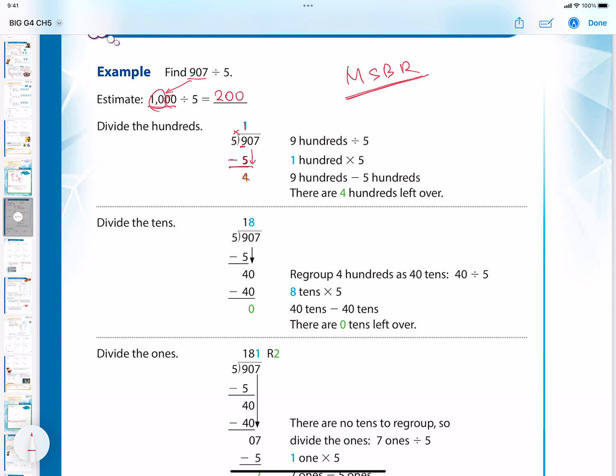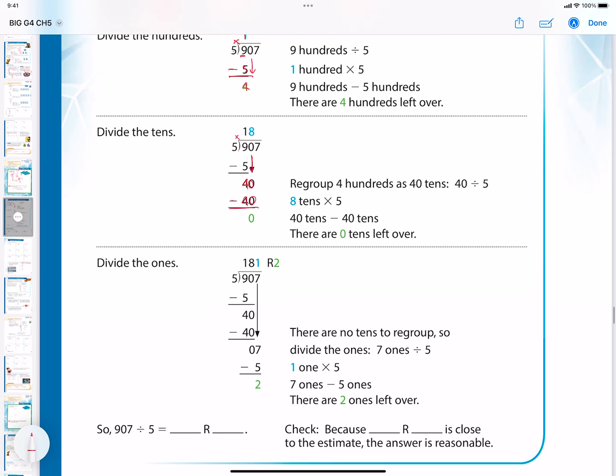Bring this second number down. It becomes 40. And 5 times what makes 40, or not greater than 40 but closest? Yes, 5 times 8. So 5 times 8 is 40. And you need to subtract again and repeat the process.